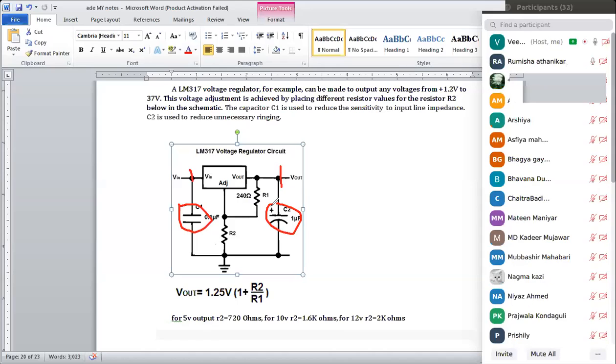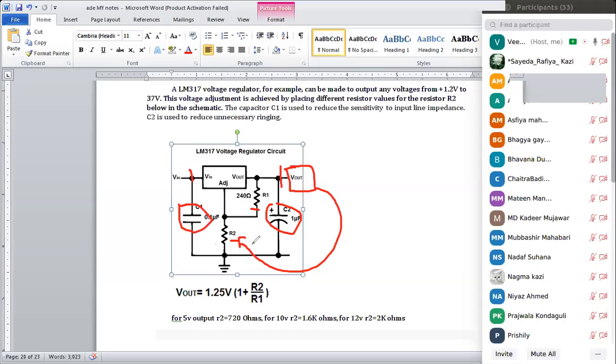So what about R1 and R2? Here R1 is fixed at 240 ohms, but the value of R2 is going to be adjustable. The voltage that we require at the output side depends upon the value of R2.